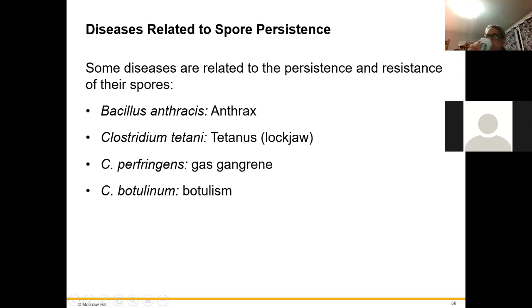And Clostridium botulinum makes another neurotoxin called the botulinum toxin, which you've probably seen in a lot of cosmetic ads. They give very low amounts of this toxin to cause paralysis and straighten out wrinkles.